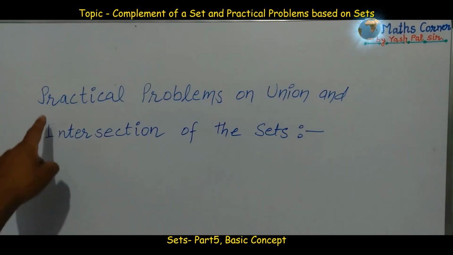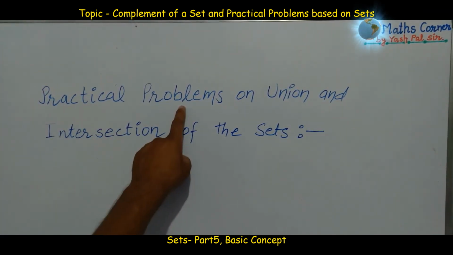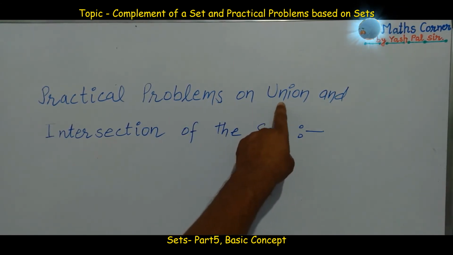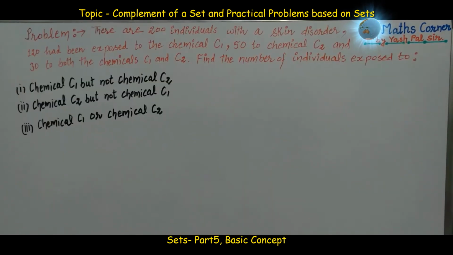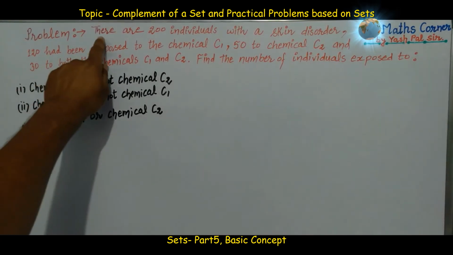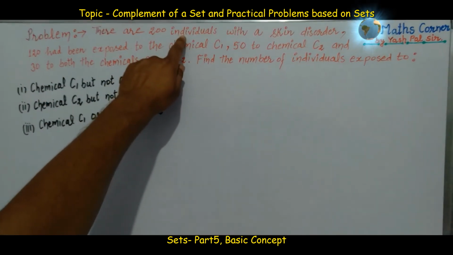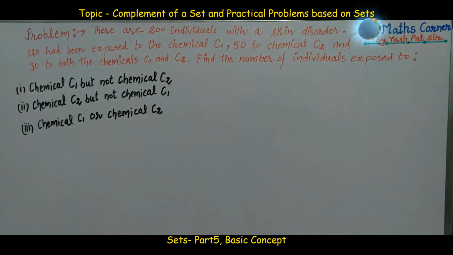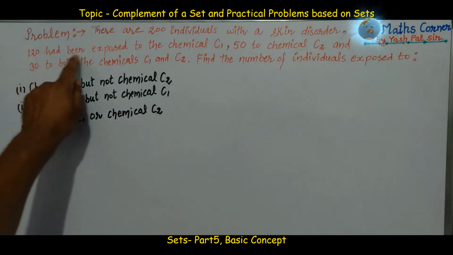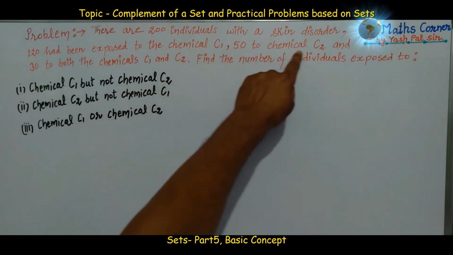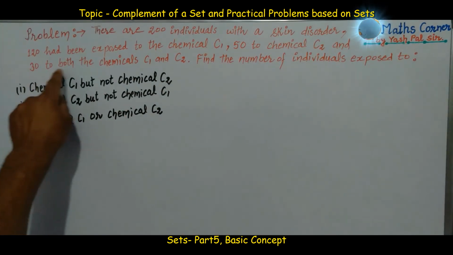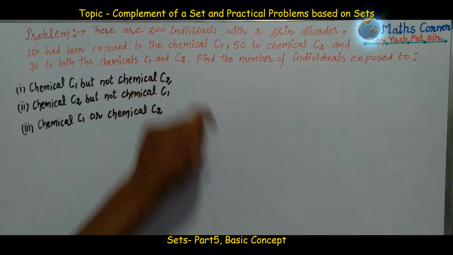Now we shall discuss practical problems based on union and intersection of sets. With the help of Venn diagrams, we shall take one problem. Here the problem is, there are 200 individuals with a skin disorder. 120 had been exposed to the chemical C1, 50 to chemical C2 and 30 to both the chemicals C1 and C2.